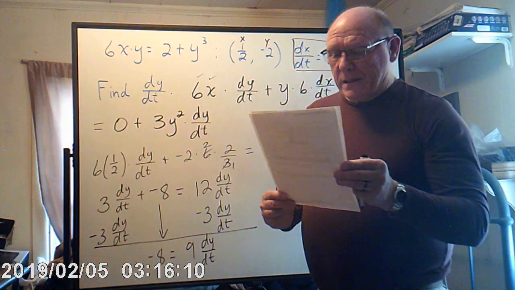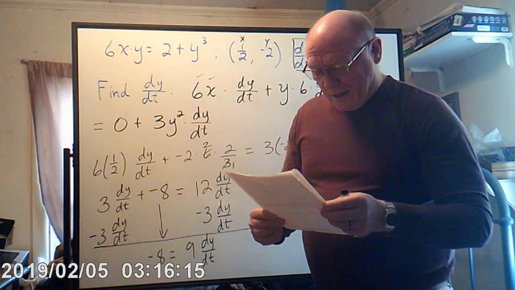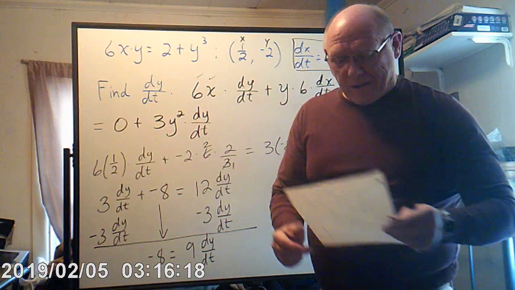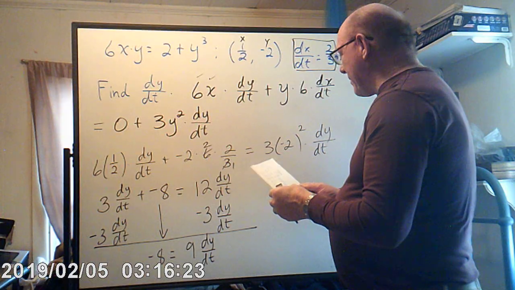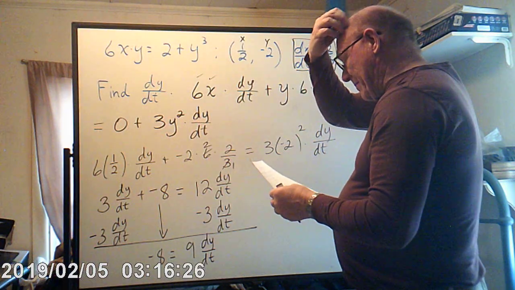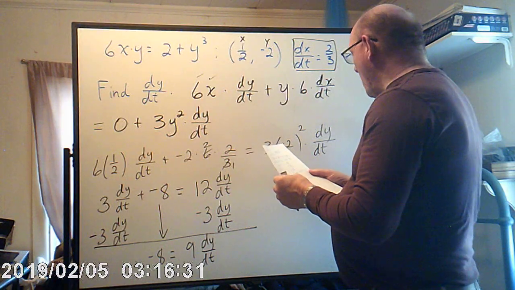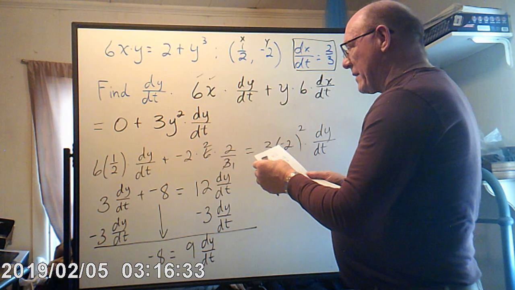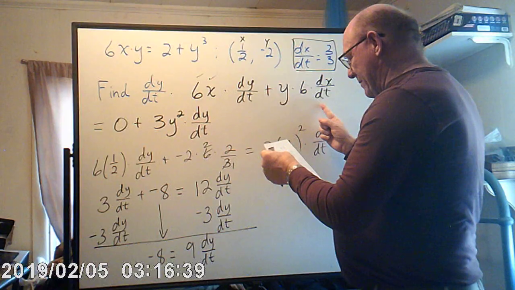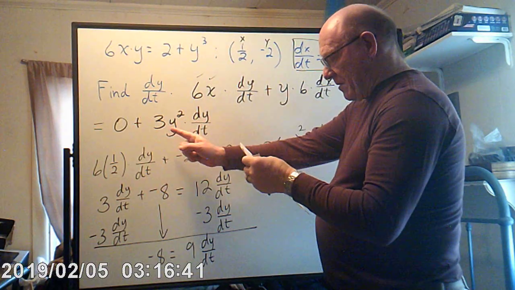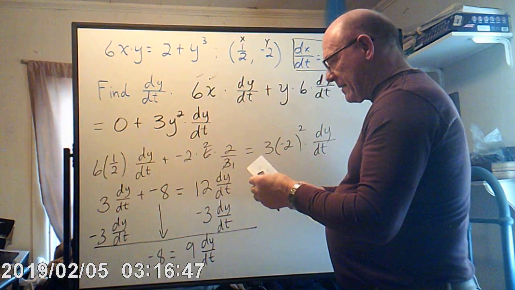And for whatever reason, I have missed it. Let me see. I happened to notice that answer was positive when I first did it. Well, let's go back over. I think we did everything right here. Let's see here. 6x dy over dt plus y times 6 dx over dt equals 0 plus 3y squared dy over dt. That's good. 6 times 1/2.